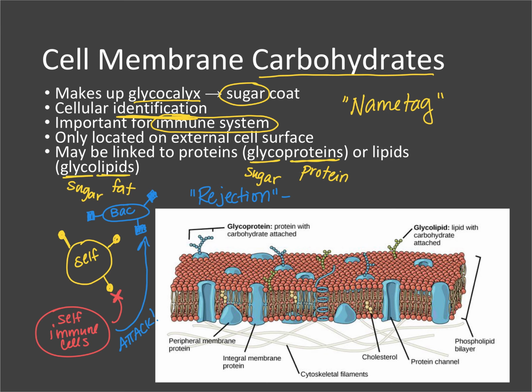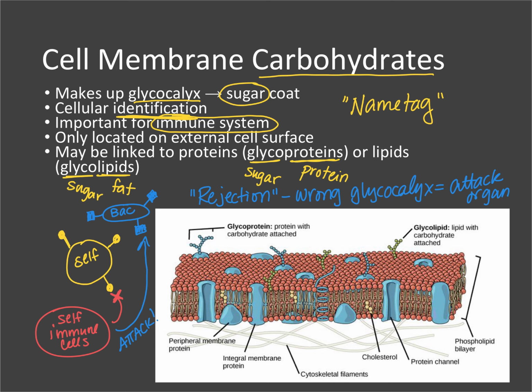Your immune system just recognizes that it has the wrong glycocalyx, which means that the immune system is going to attack the organ. And this is what leads to failure of donated organs.